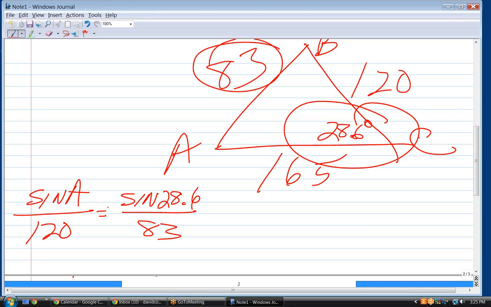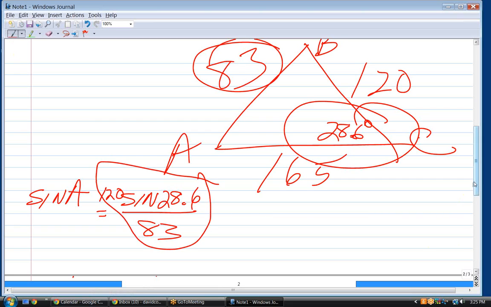And all we have is a bunch of numbers here except for that. So I don't want to cross multiply here. All I want to do is multiply both sides by 120. So now I have the sine of A equals that number.